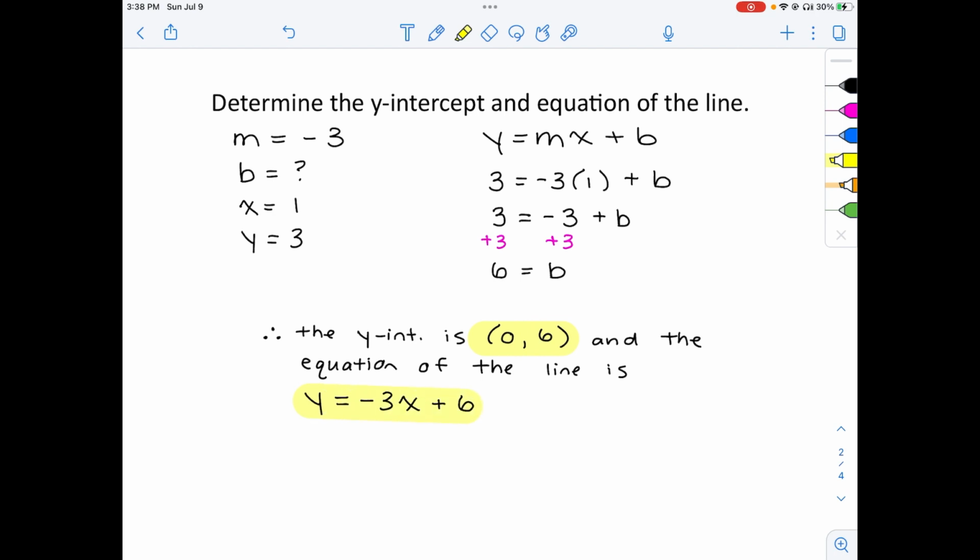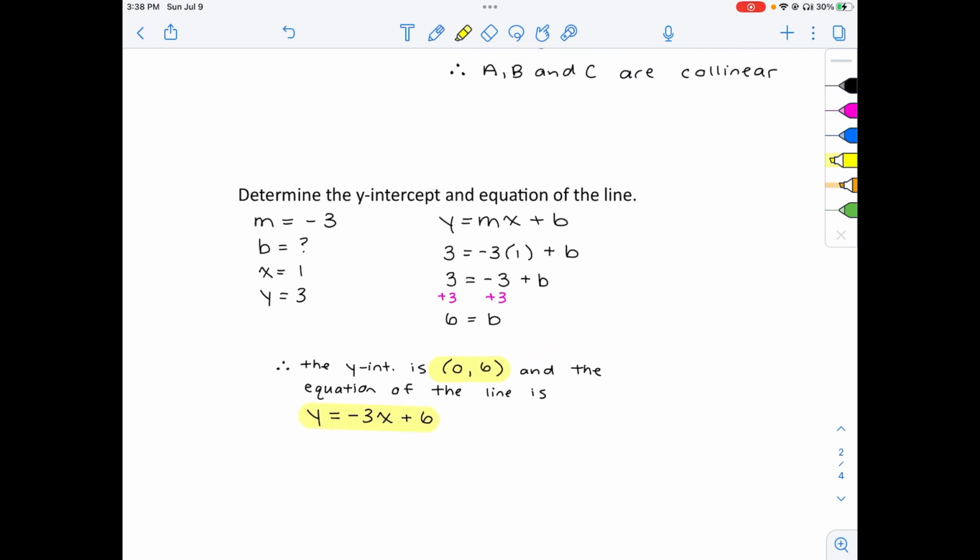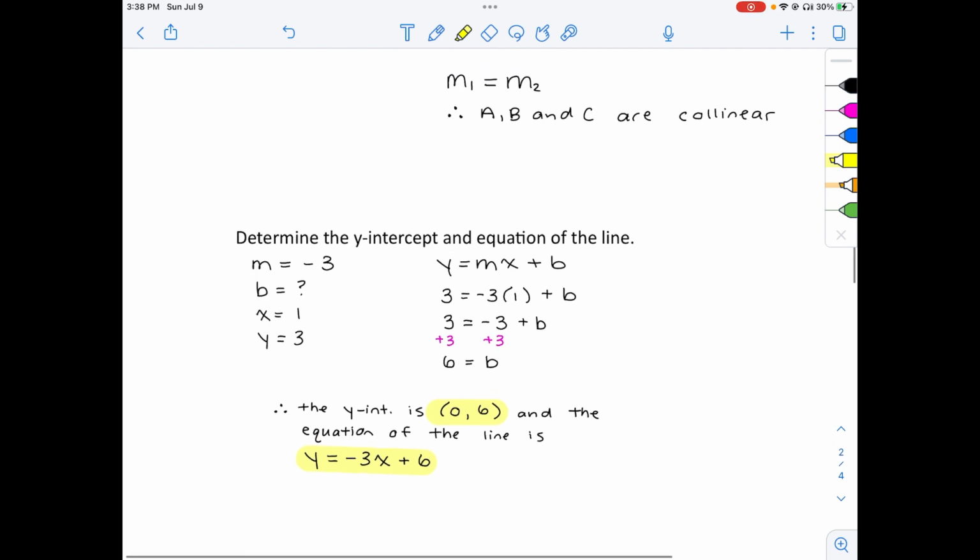This is the equation of the line, and similar to what I said in the previous video, you can use that equation of the line to graph or determine more points algebraically. You can plot it on a graphing software. It's just nice to be able to know what the actual equation of a line is, and in this case then we have 4 points that we know on this line. We know the y-intercept, and then we know points A, B, and C that lie on that line as well.